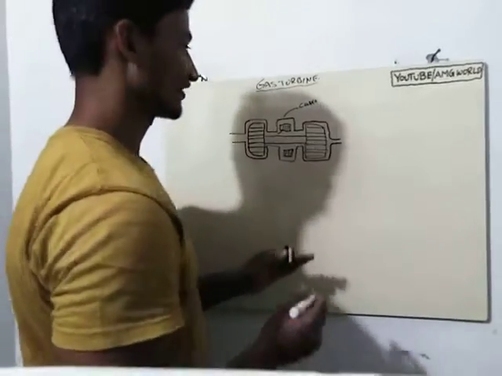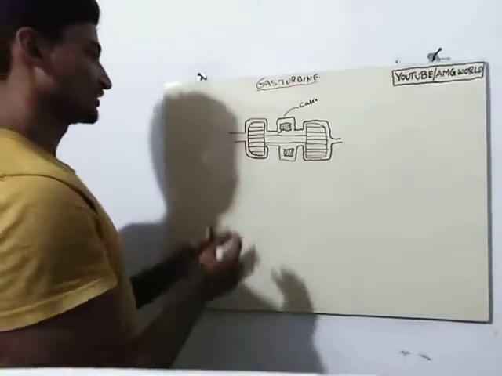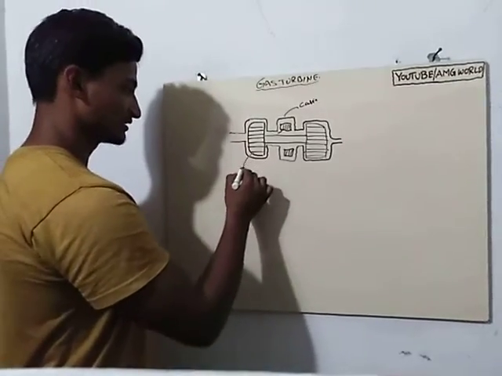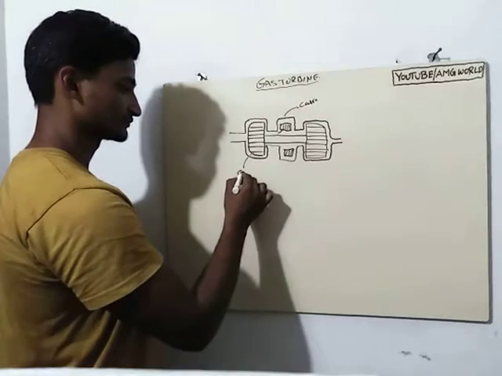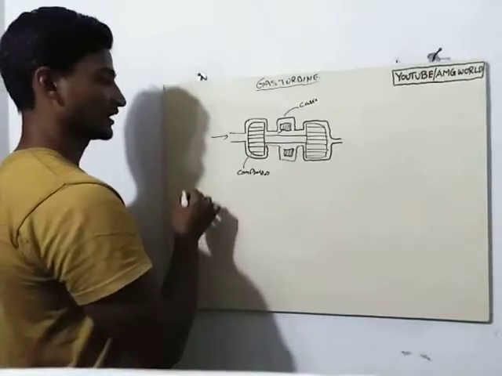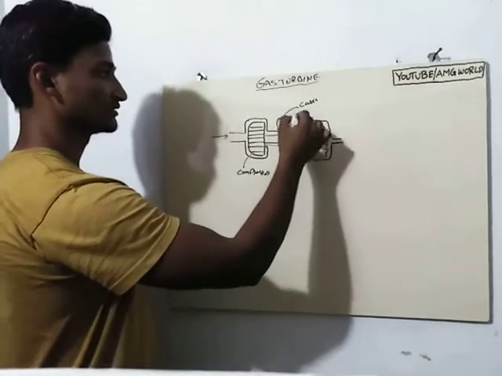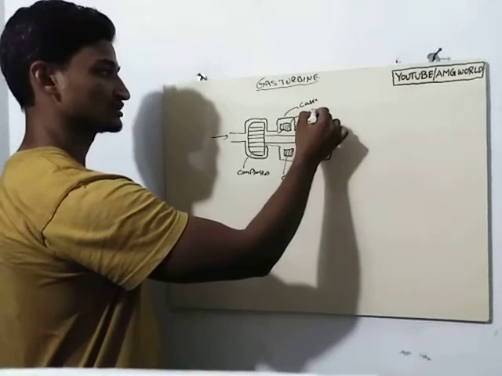So let's find out the important parts which are included in this gas turbine. This one is the compressor inlet port. Here is the combustion chamber. Here this one is also a combustion chamber.